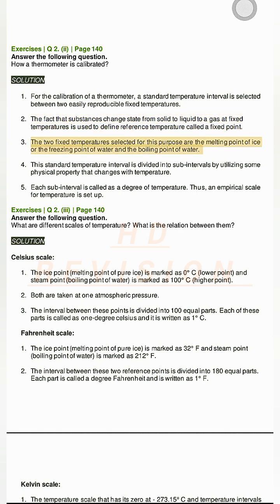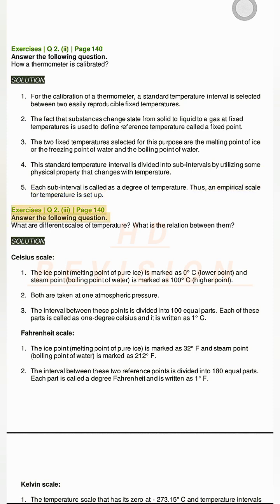The two fixed temperatures selected for this purpose are the melting point of ice or the freezing point of water, and the boiling point of water. 4. This standard temperature interval is divided into subintervals by utilizing some physical property that changes with temperature. 5. Each subinterval is called a degree of temperature. Thus, an empirical scale for temperature is set up.